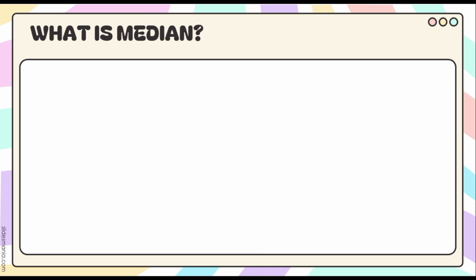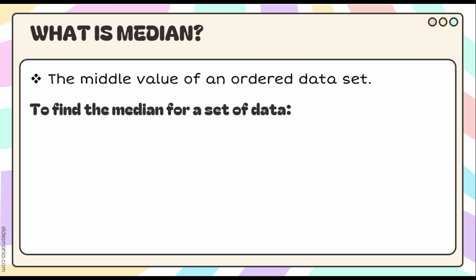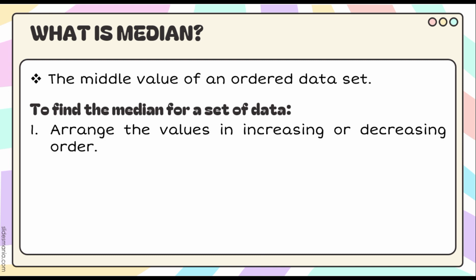Okay, second, we have the median. What is the median? When we say median, it is the middle value of an ordered data set. To find the median for a set of data, first we arrange the values in increasing or decreasing order. Going back to the definition, the median is the middle value of an ordered data set.